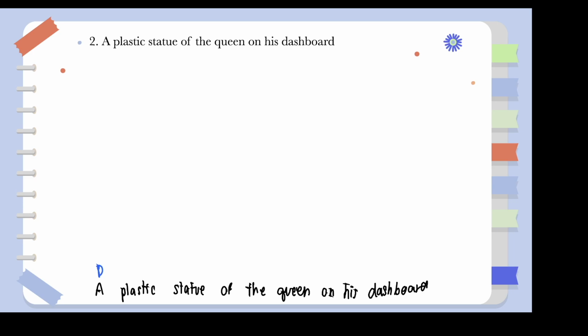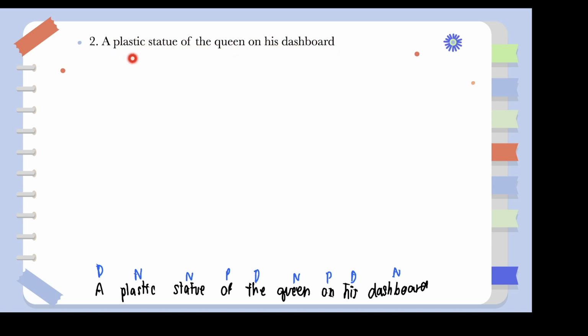Plastic here is a noun, and statue is also a noun. Of is the P here, the is the determiner, queen is N, on is P, his is the determiner, and dashboard is N.